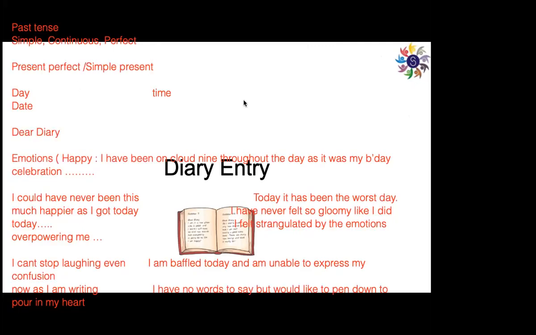Now you people will be writing a diary in this breakout room only. I'll just give you the topic. Please take a screenshot if you want to, otherwise I'm erasing this one. Shall I erase everyone? Yes, ma'am, I have taken the screenshot. Right. Rest of you, I hope you too have taken the screenshots. Yes.